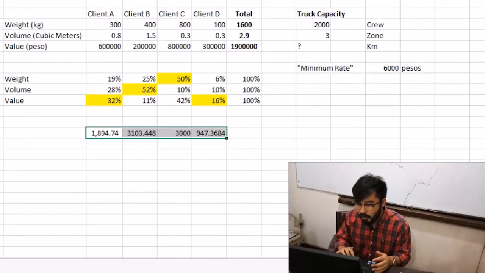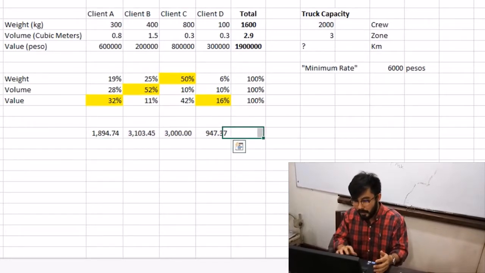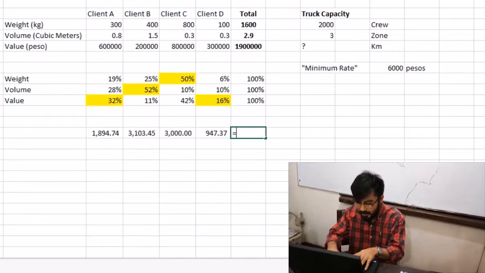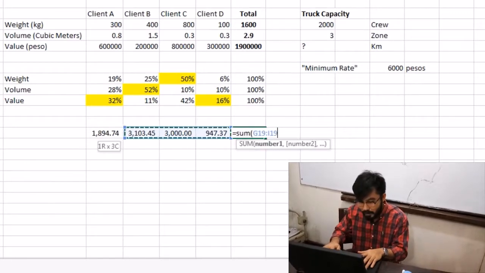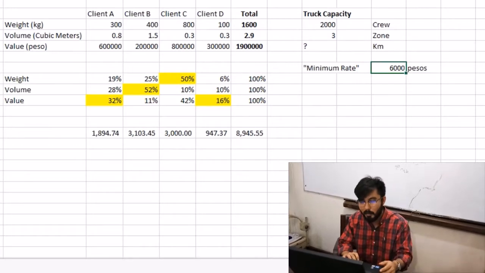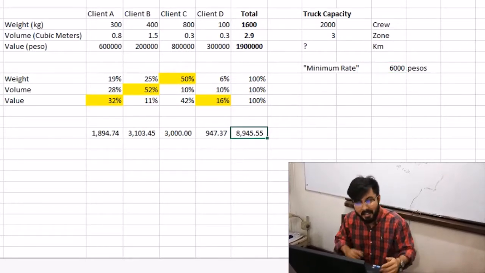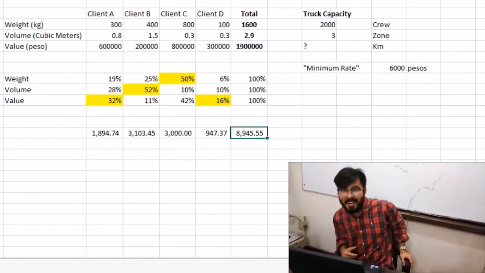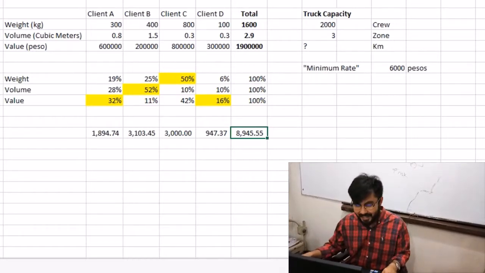So here we have all these amounts. But the tricky thing is, if you sum them all up, it's way beyond 6,000. It's way beyond the minimum rate, and that's kind of unfair. So people are going to complain about that.